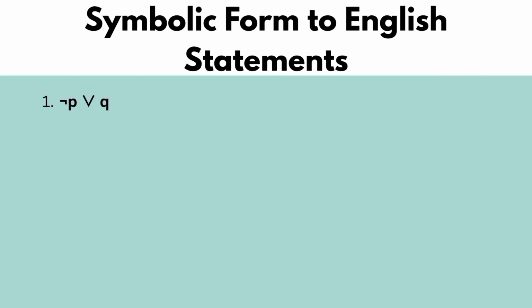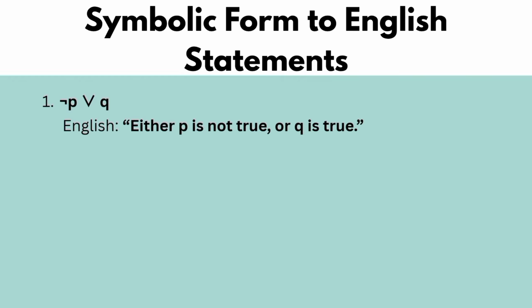Now let's try symbolic form to English statements. What is the answer for number 1? The answer is either P is not true or Q is true, or simply not P or Q. Now answer number 2.